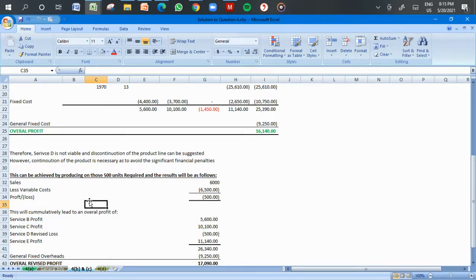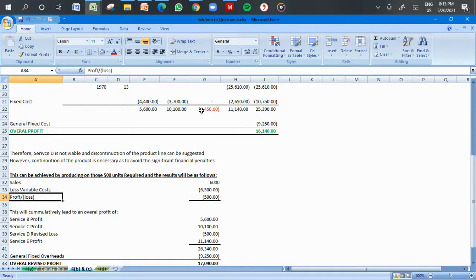I said this can be achieved by producing only those 500 units required, and the results will be as follows. After producing just the required 500, the loss was only 500, as opposed to the 1,450 when we were producing everything according to the budget.